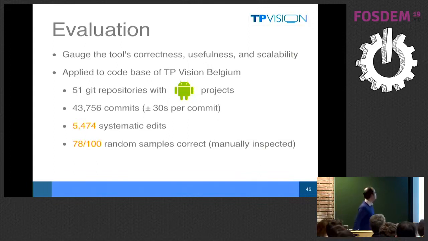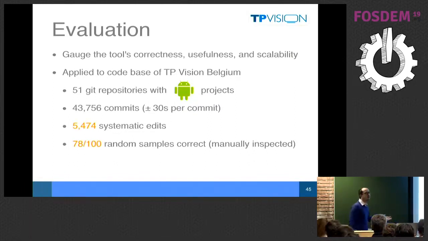What we did is evaluate the correctness of the tool, and we applied it to a code base of a company in Belgium. We mined different repositories from Android projects. It's important to say that to really understand if our edit scripts were correct or not, we had to manually evaluate the scripts.